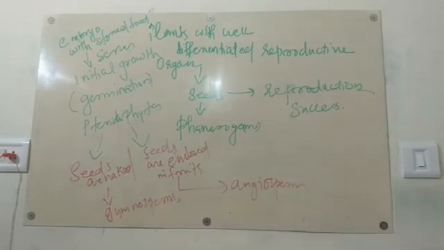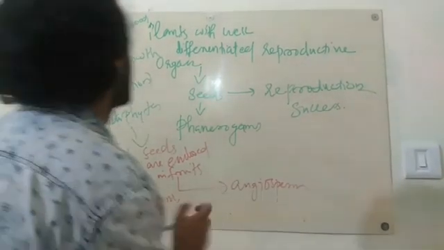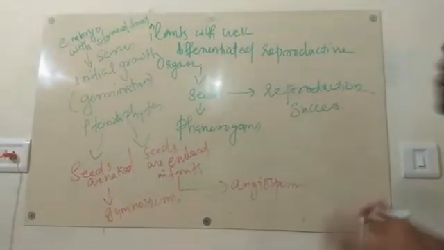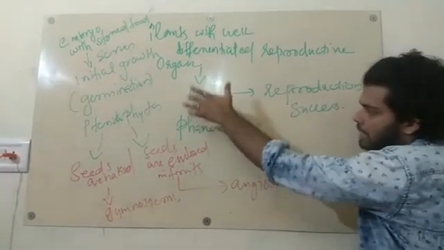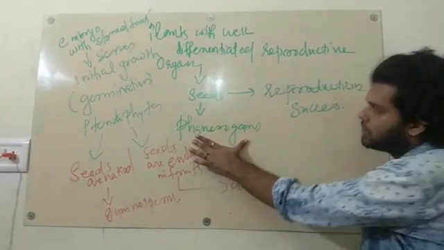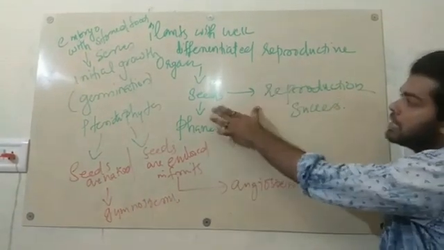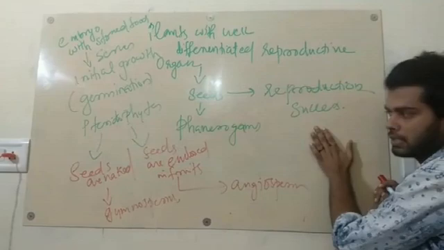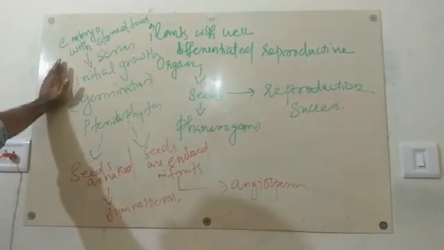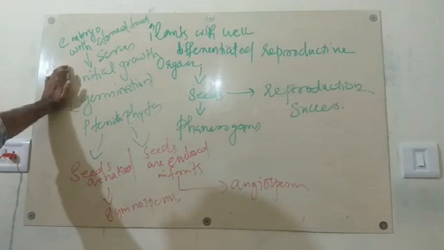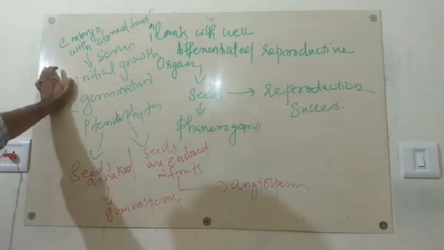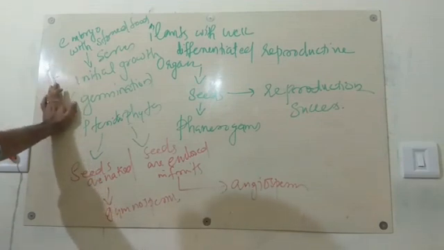So what we have said is that plants with well differentiated reproductive organs produce seeds and are known as phanerogams. The seeds are the result of reproductive success. There is an embryo along with storage of food, which serves in the initial growth of the plant at the time of germination.